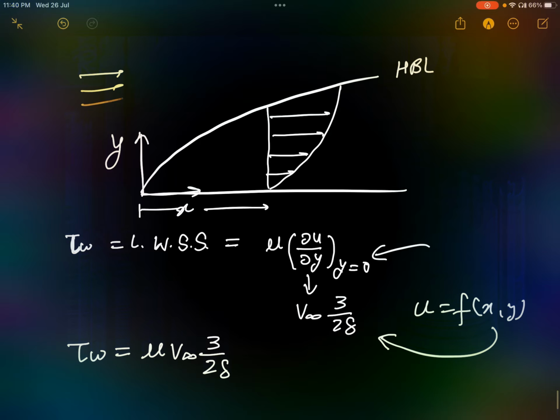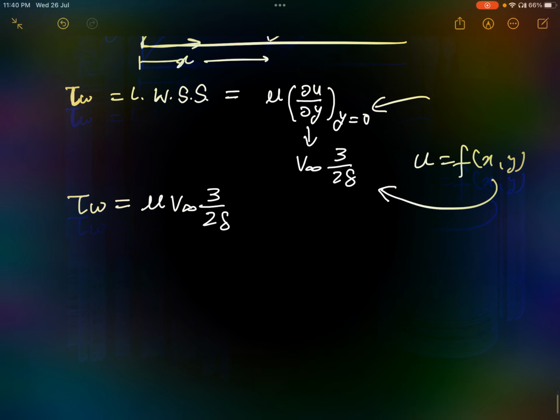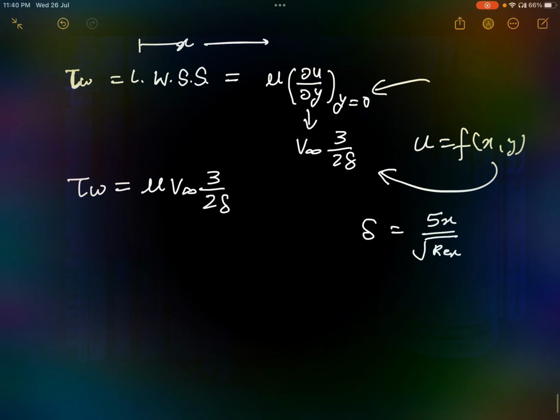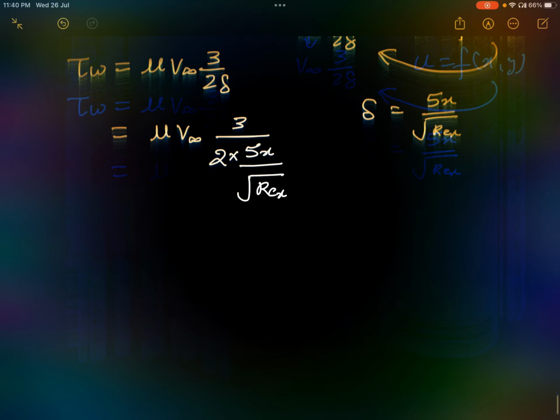V infinity is our free stream velocity. Because we know that delta is equal to 5x upon root of Reynolds number, from the Blasius solution, this can be written as mu V infinity 3 upon 2 into 5x divided by root Rex.